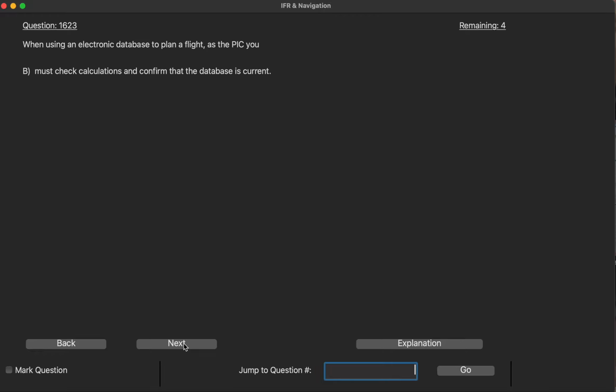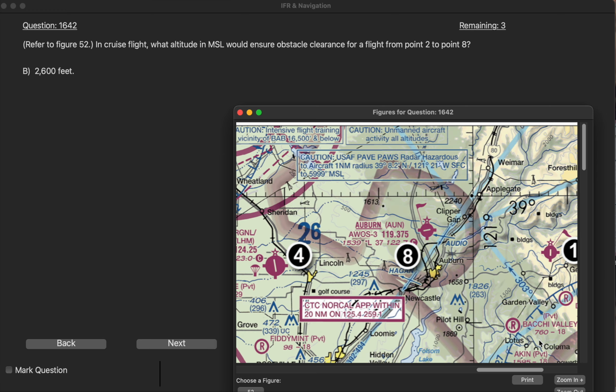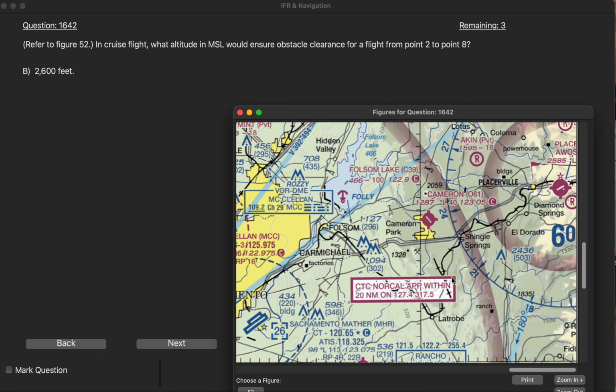When using an electronic database to plan as the PIC, you must check calculations and confirm that the database is current. Refer to figure 52. While in cruise flight, what altitude in MSL would ensure obstacle clearance for a flight from point 2 to point 8?